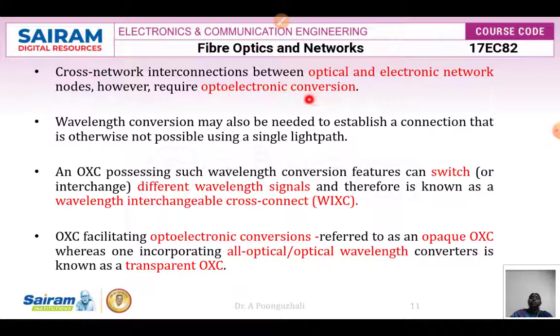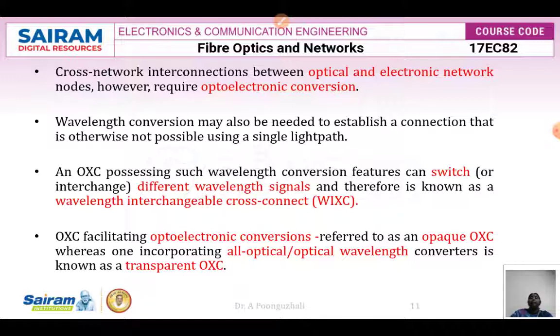Wavelength conversion is also needed to establish a connection there, otherwise it will not be possible using a single light path. So an optical cross connect which possesses wavelength conversion features can switch the different wavelength signals and is therefore known as a wavelength interchangeable cross connect.